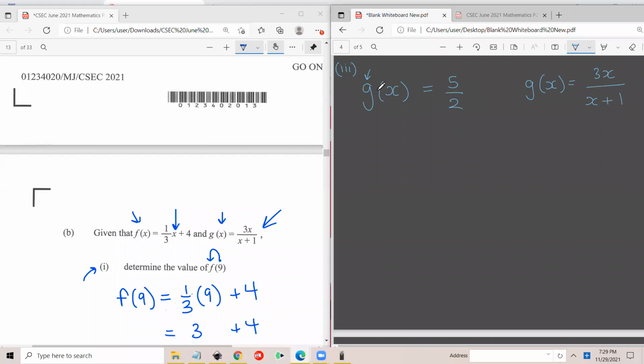Do you think it's okay in this question to go to this equation and replace the x's with 5 on 2? Do you think that is how you approach that question? Because so far, that's all we did: you go to the relevant equation, throw away the x's, and replace x with whatever value you see. What do you all think?